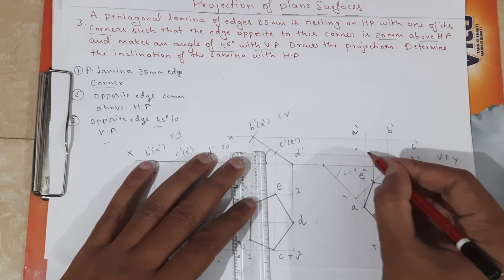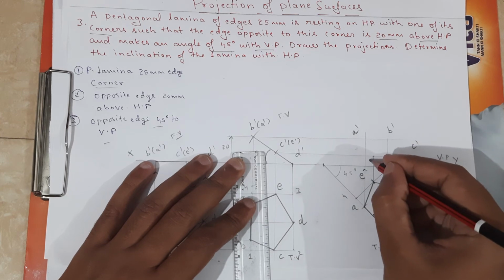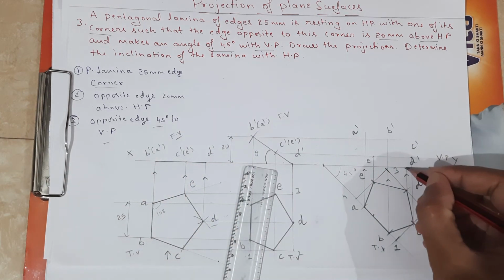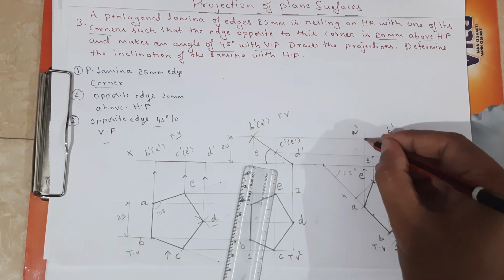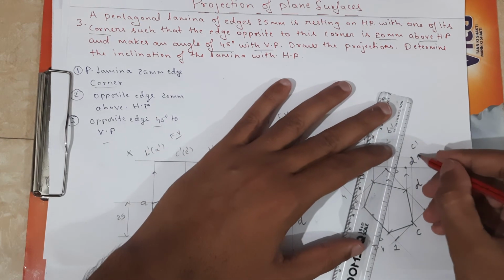Okay, so just draw the projections and identify all the corners. Don't get confused. If you are getting confused, just make a mark of it. Then you can easily join all those things. Okay, what is the next thing?